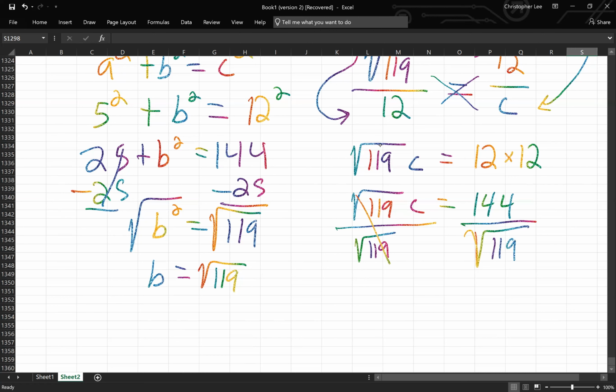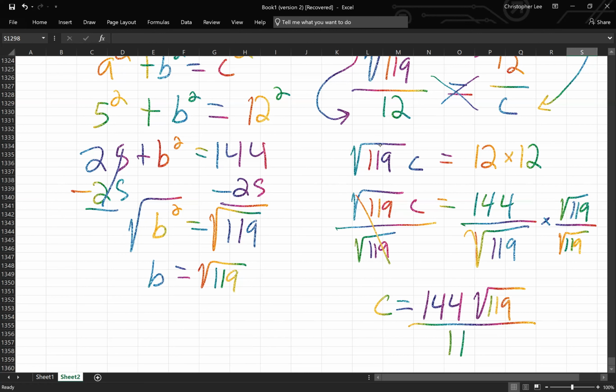But remember, it's illegal to have radicals in the denominator, so multiply by square root of 119 over square root of 119. When you multiply straight across, you get 144 square root 119 all over 119. That will be your final answer for C. Not bad, right?